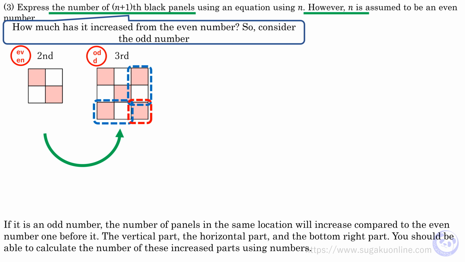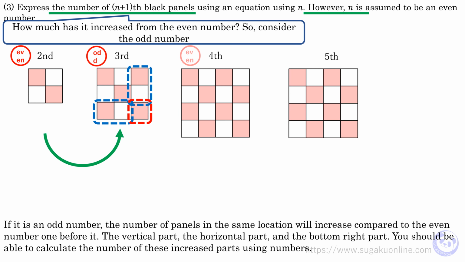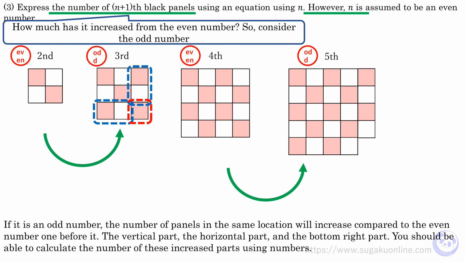If it is an odd number, the number of panels in the same location will increase compared to the even number 1 before it: the vertical part, the horizontal part, and the bottom right part.